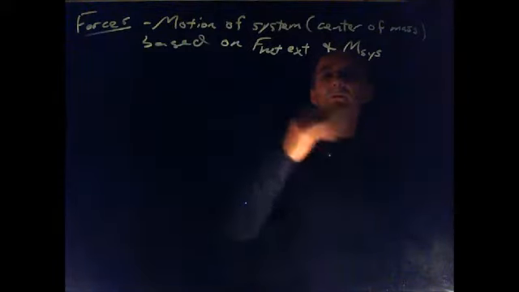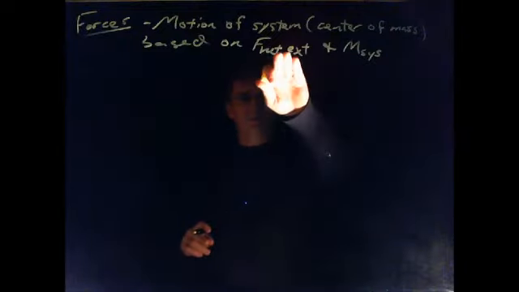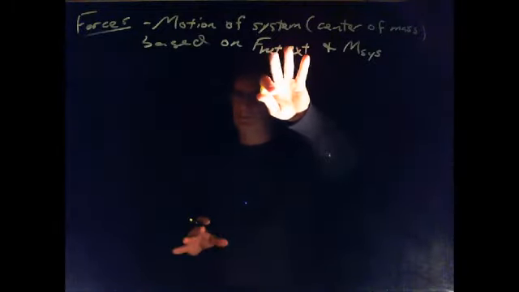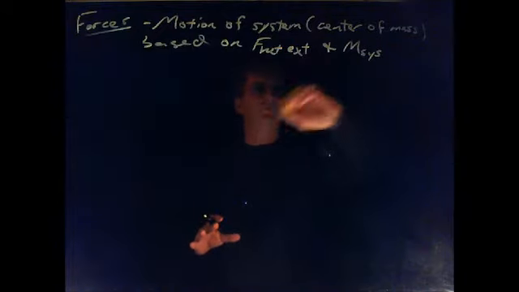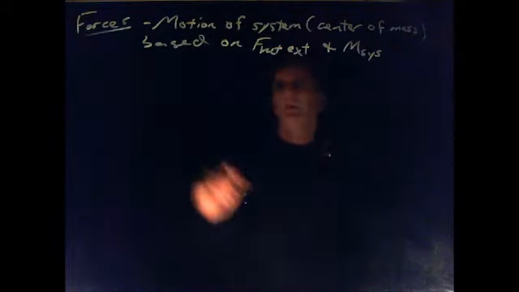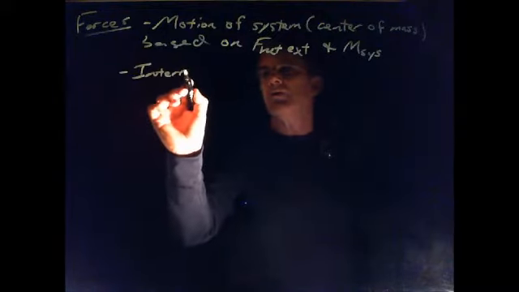Because remember, acceleration is force over mass. So we have to look at the net external force, because internal forces don't count, they're not going to affect the motion, only external forces, and then the mass of the system. And that's the other thing. Internal forces don't affect the motion.